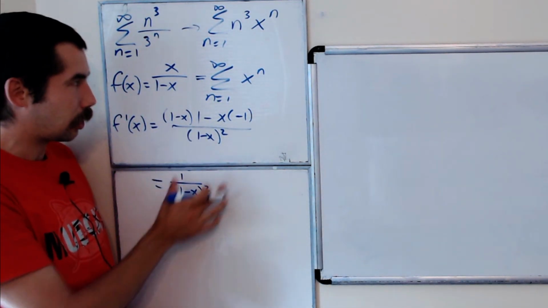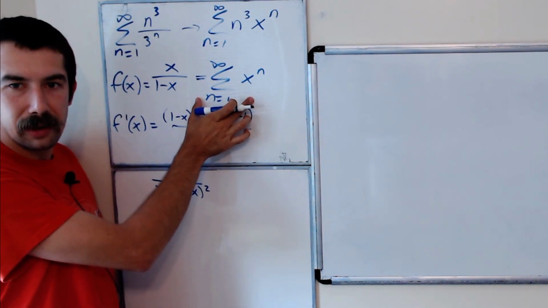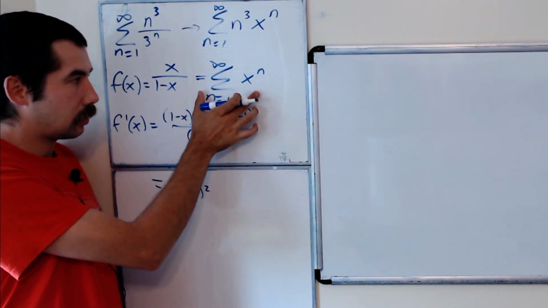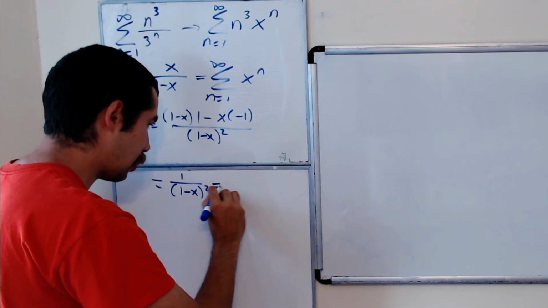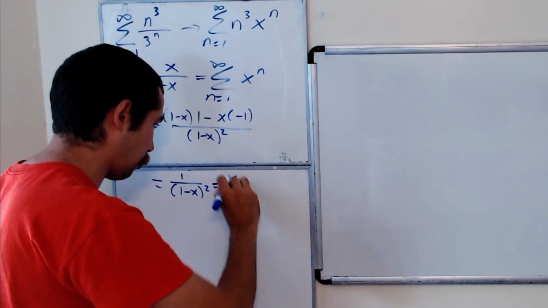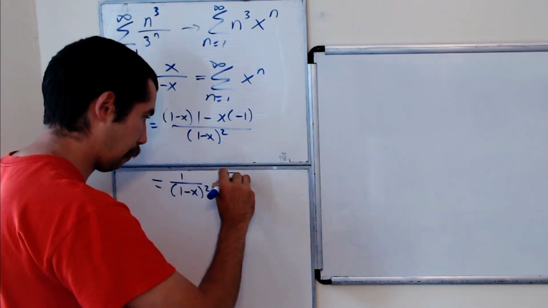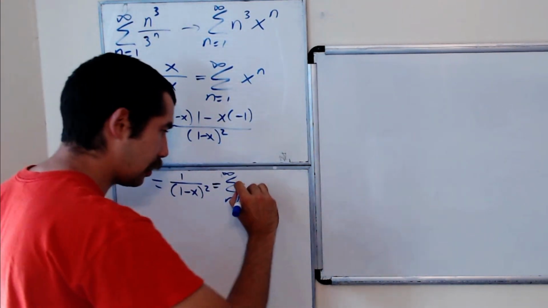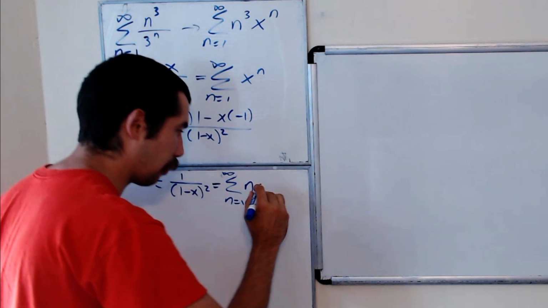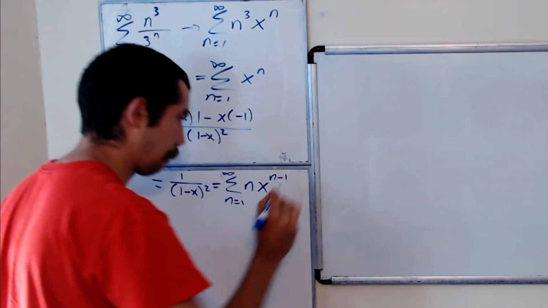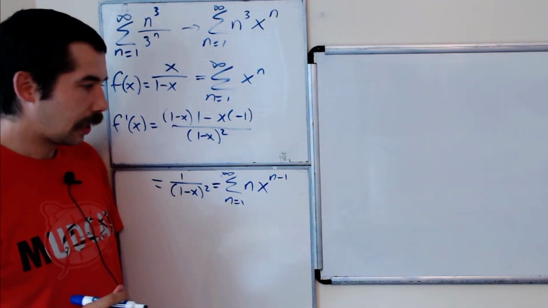Okay, and what is this equal to? It's equal to the derivative of this series here. So that's the sum from n equals 1 to infinity, we bring the power in front and drop 1 from the power. Okay?